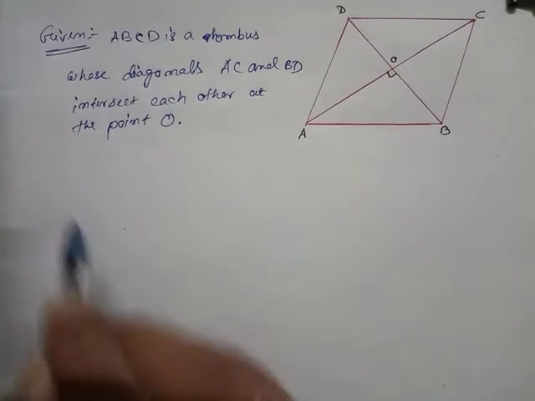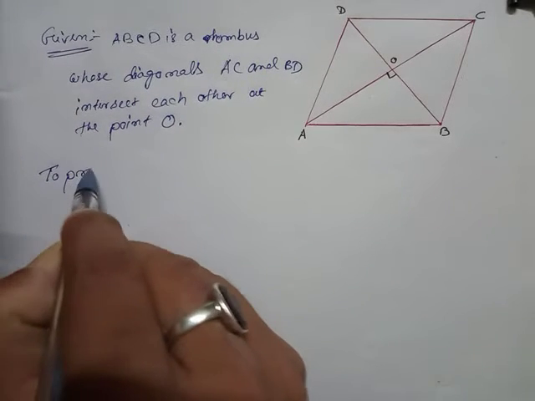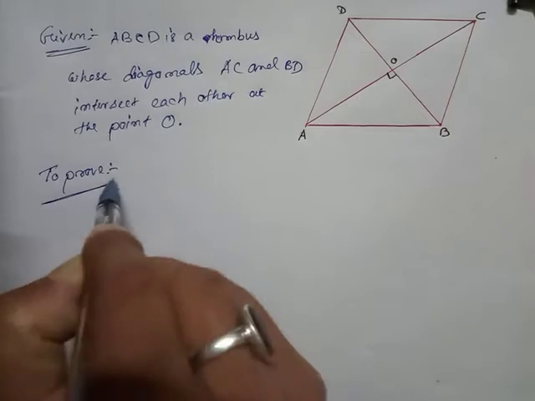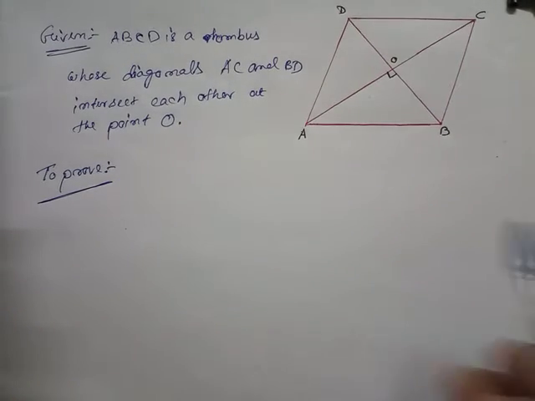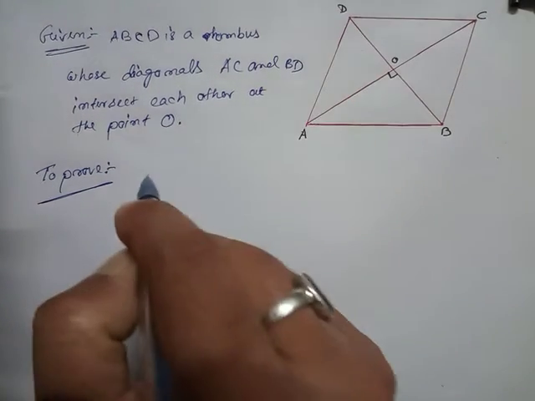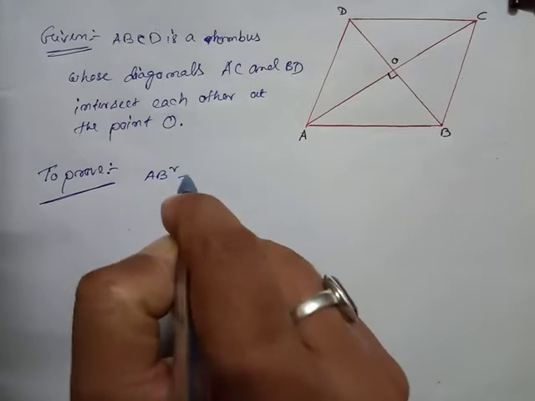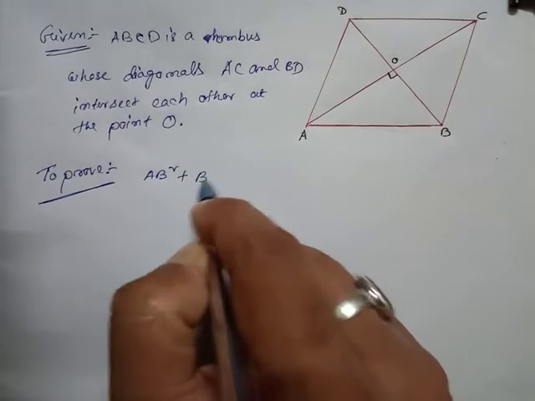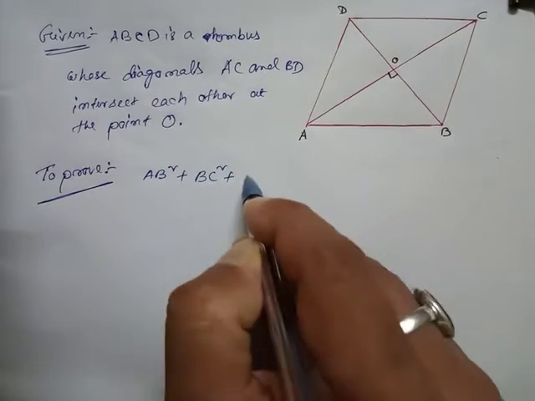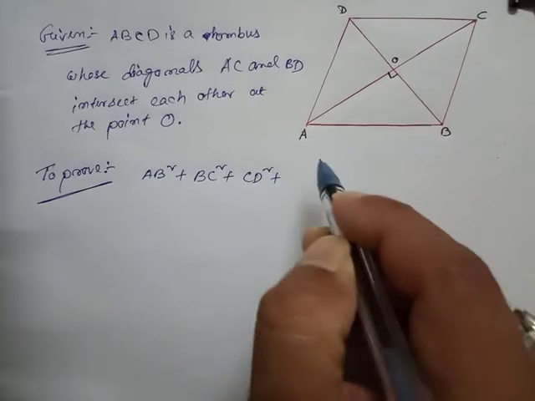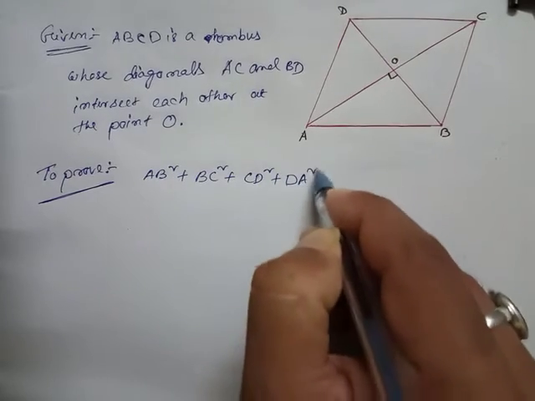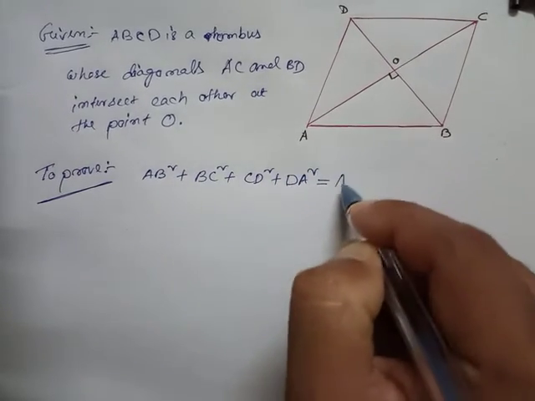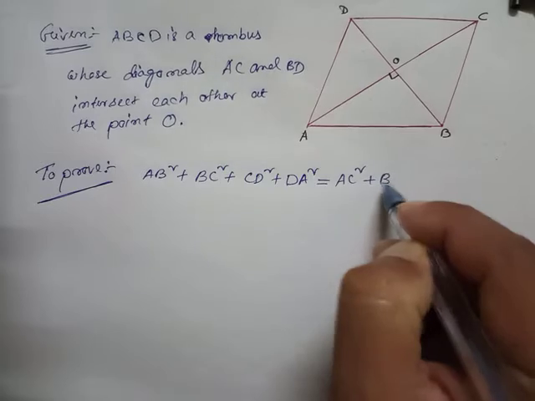Now look student, after that we have to prove this. So write down here, to prove: AB square plus BC square plus CD square plus DA square equal to AC square plus BD square.